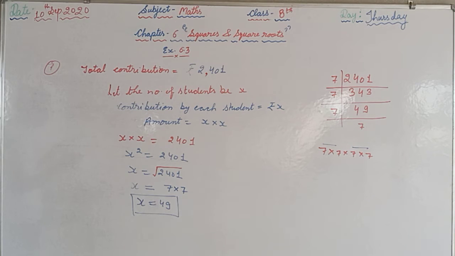Let the number of rows be r, and the number of plants in each row will be r. Here r into r equals 2025. Then we have to find the square root of 2025, that will be 45. 45 will be the answer. So you are supposed to try by yourself.